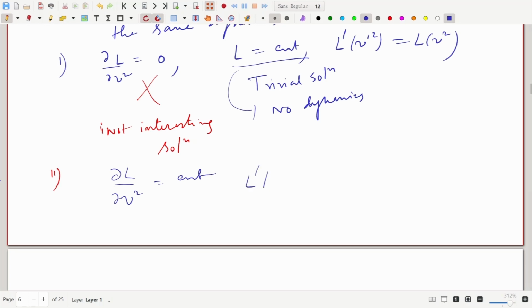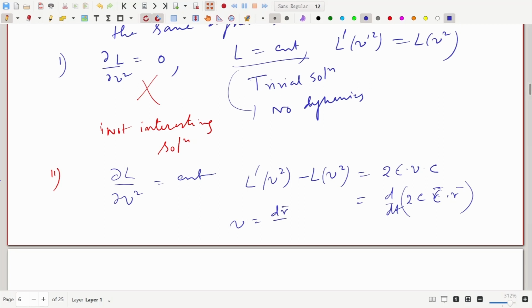Then L'(v'²) minus L(v²) will be 2 epsilon·v times some constant C. So I can write this as d/dt of (2C r·epsilon), right? Epsilon is constant, C is constant, so the derivative of r will give you v, because v is dr/dt.